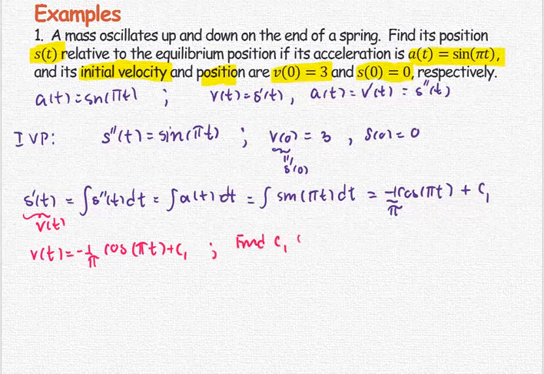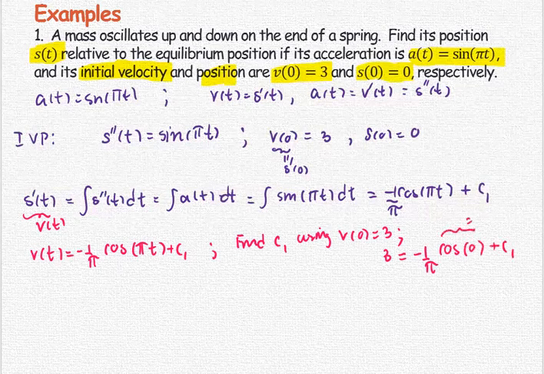We're going to find c1 using v(0) = 3, and v(0) is s'(0). At t = 0, v = 3. So 3 equals negative 1 over pi multiplied by cosine of 0 plus c1.